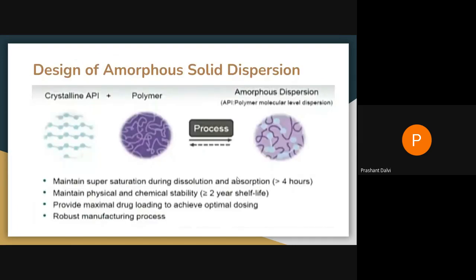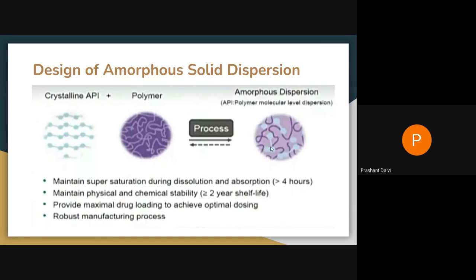If you see the design of amorphous solid dispersions, it is a mixture of API and polymers, where the crystalline API is uniformly distributed, or molecularly mixed, with the polymers. The crystalline API is converted into the amorphous form using different processes. It may be a HME process, it may be a solvent process, and other different processes.